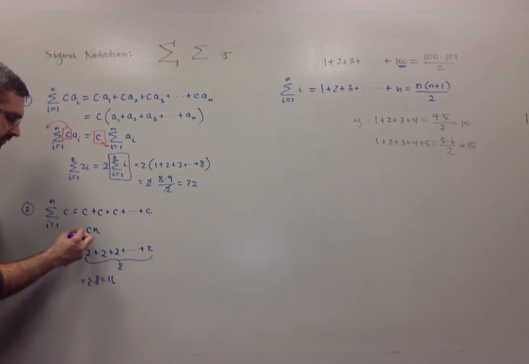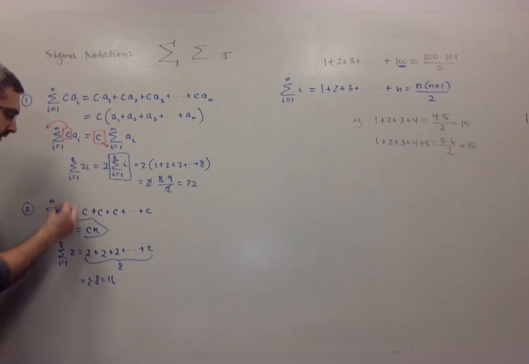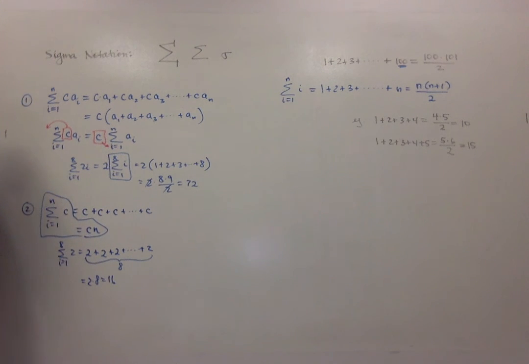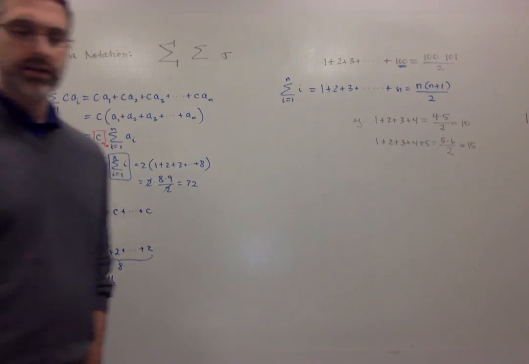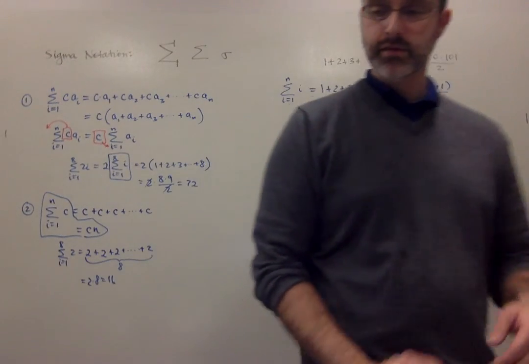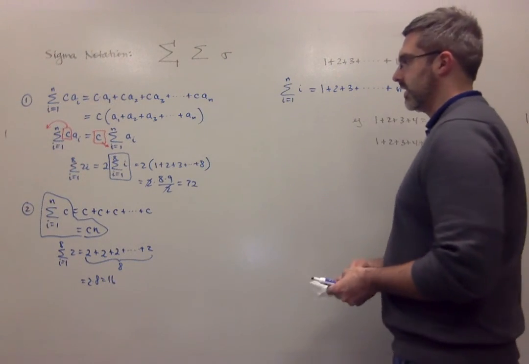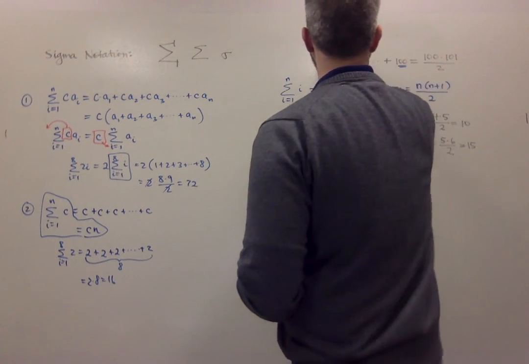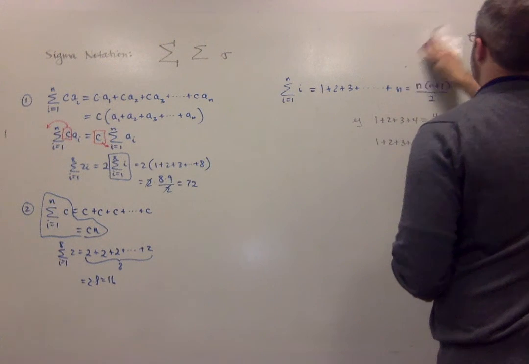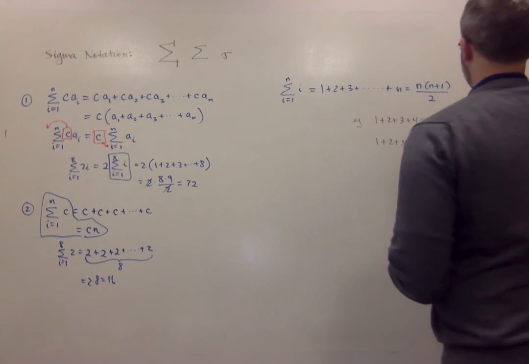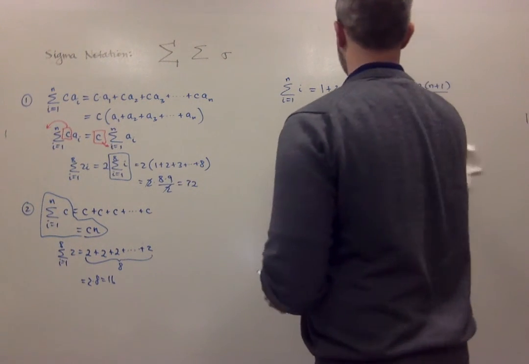That's what that second formula on your sheet is telling you. If you're summing just constants, then it's just how many times the constant shows up. That third formula on the sheet is already up here, so I'm just going to leave it.